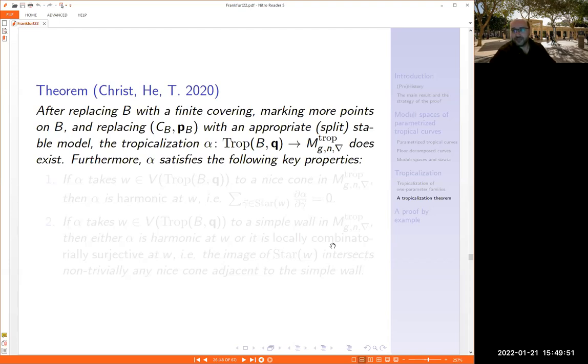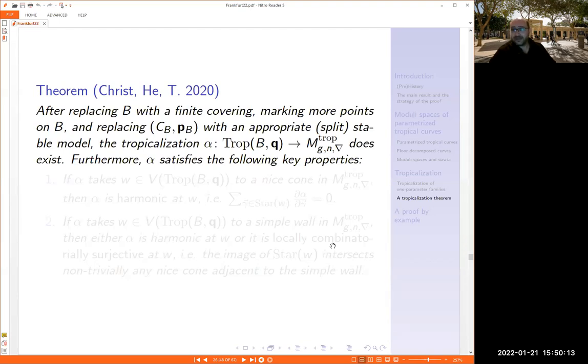Trop B, the tropicalization of the base, is a tropical curve. It has a piecewise integral affine structure. The moduli space is a tropical space. It has a piecewise integral affine structure. This map must respect these structures. So when I say that there is a tropical map alpha, it is much more than just a set-theoretic map.